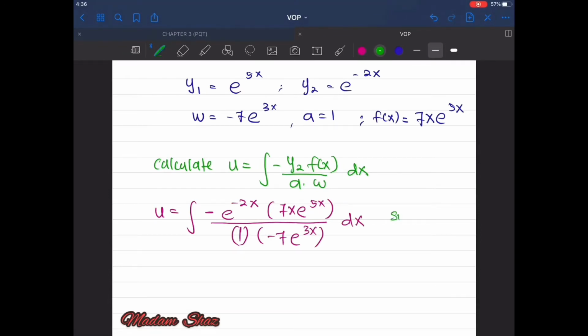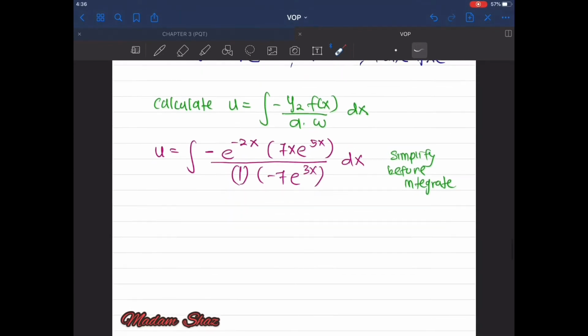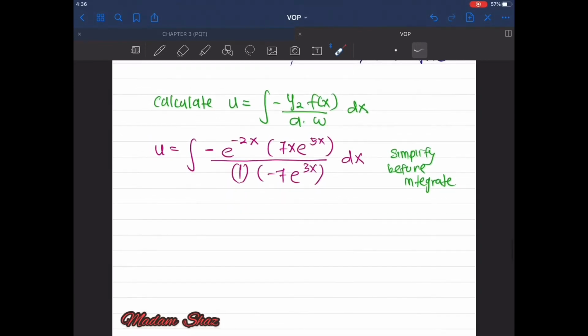Okay, so you have to simplify before integrate. So what are the things that you have to simplify? If you have any constant, then you have to bring the constant to the front. So check the constant first. You have negative, you have 7, you have negative 7.